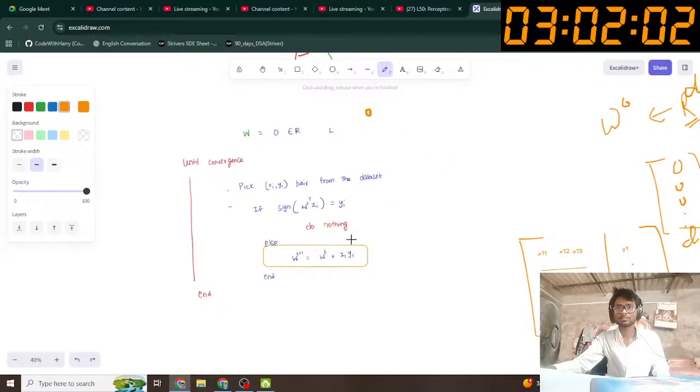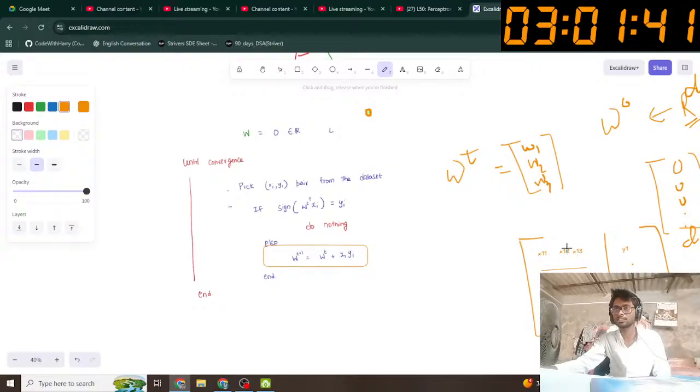So let me repeat once again. We got w. Let's say we are at some iteration wt, and we have some points as well. Let's say w1, w2, and w3. Why 3?